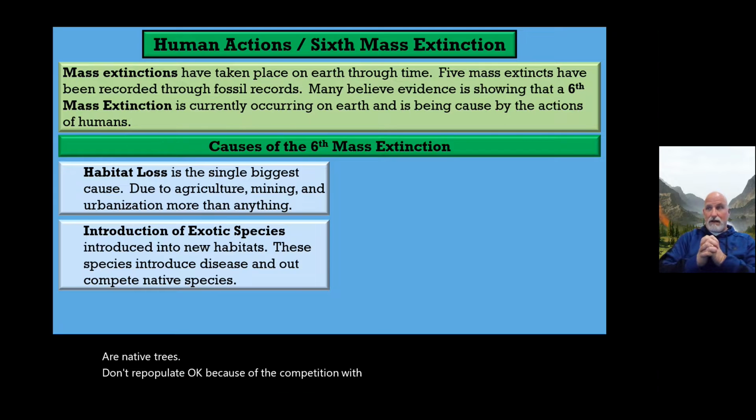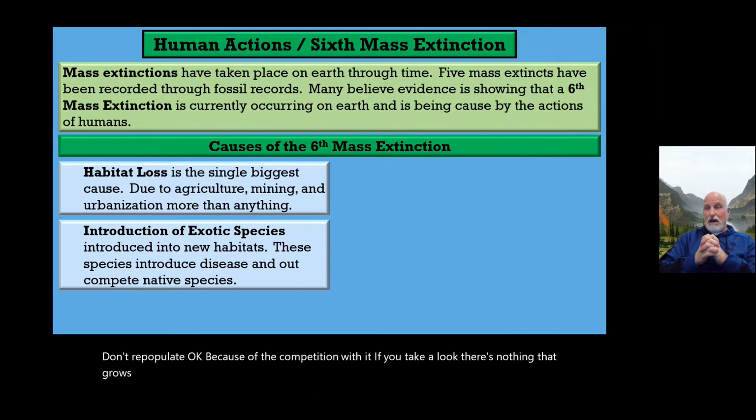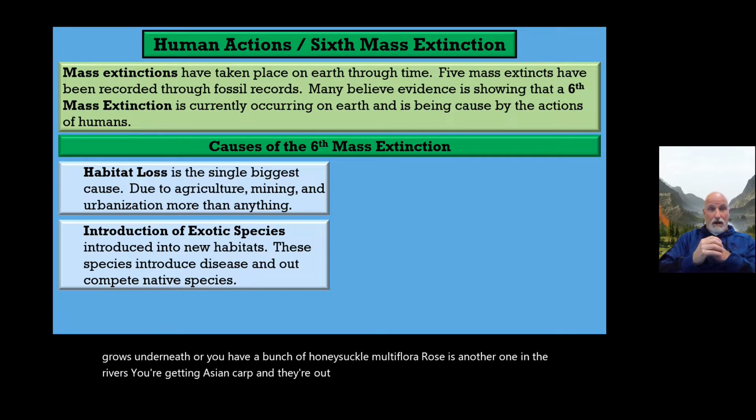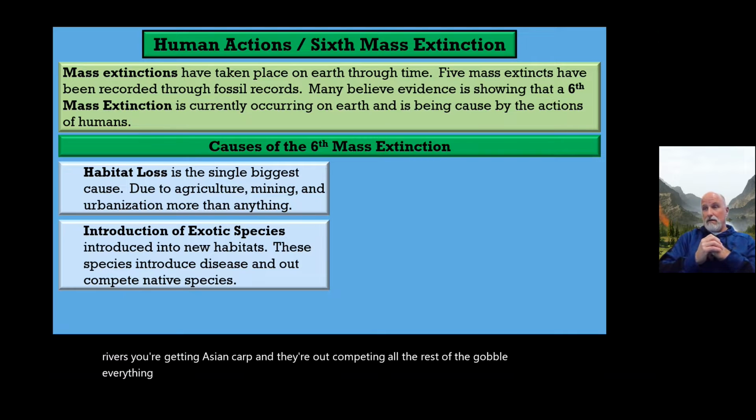If you take a look, there's nothing that grows underneath where you have a bunch of honeysuckle. Multiflora rose is another one. In the rivers, you're getting Asian carp, and they're outcompeting all the rest, gobbling everything up. So it ends up killing off a lot of our own native species.